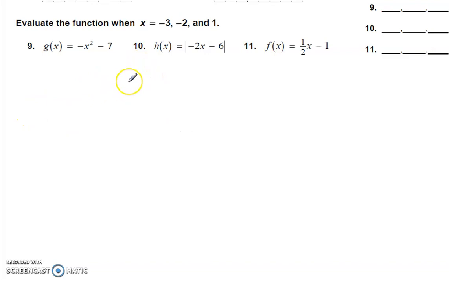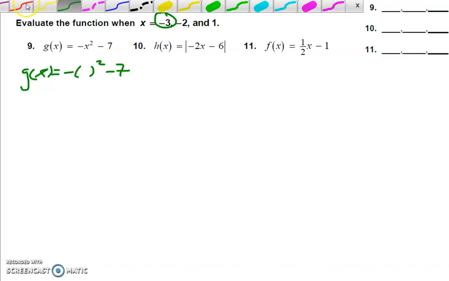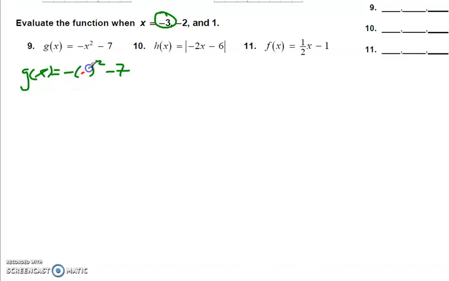Okay, let's see. I'm going to set these up for the negative, because this is where mistakes happen. If I plug in a negative value here, remember, we're going to replace x. So we put parentheses where that x is. G of x is equal to this. So when we plug that in, I'm going to plug the -3 in here. The exponent happens first.